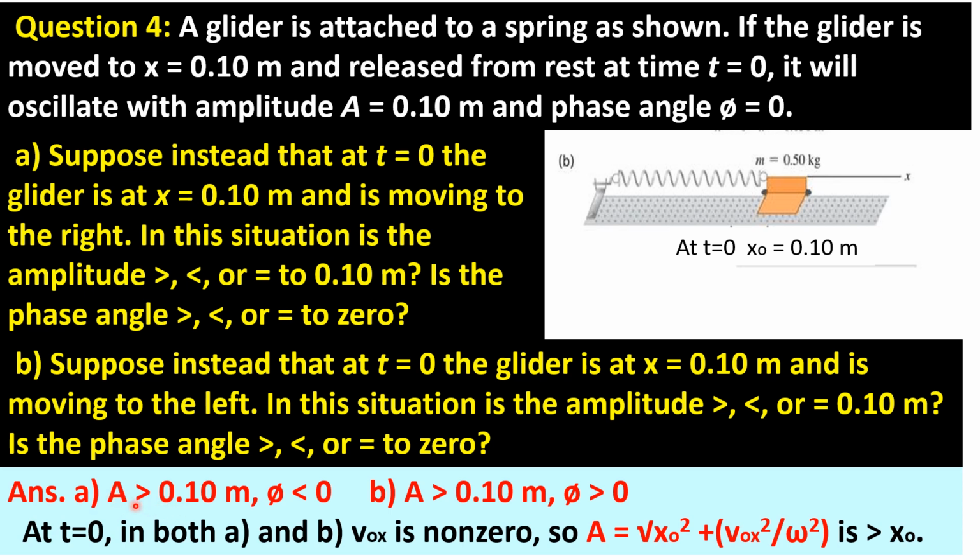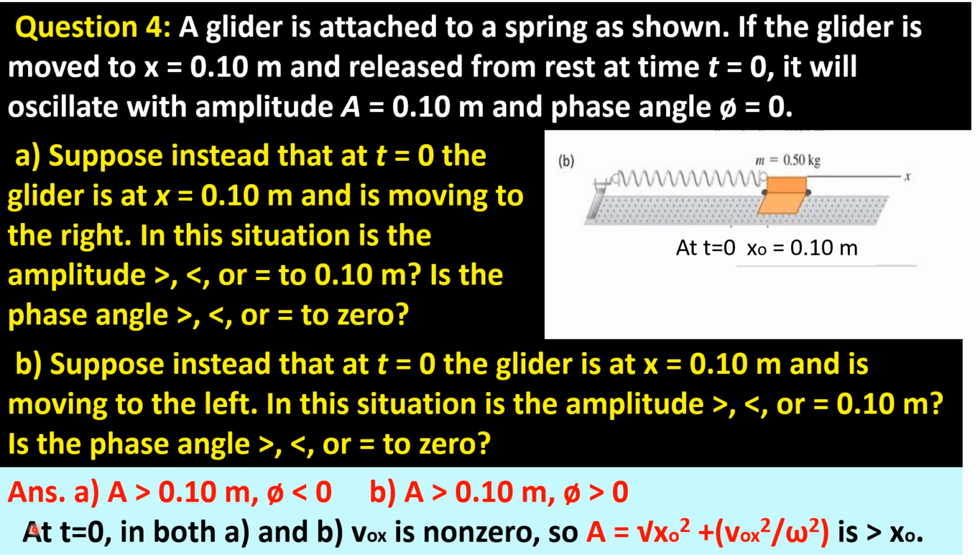For A, the amplitude will be greater than 0.10 meter and the phase angle will be negative or less than 0. While for question letter B, the amplitude will still be greater than 0.10 meter, but the phase angle is greater than 0.